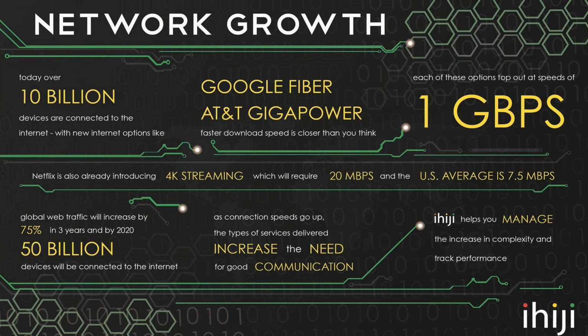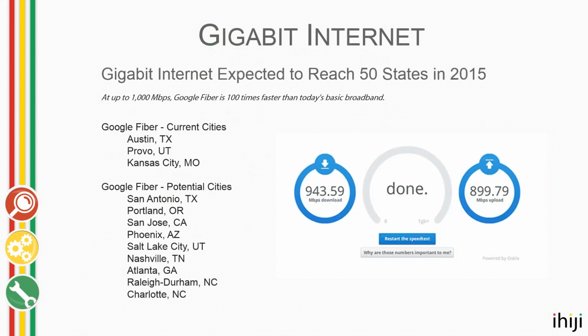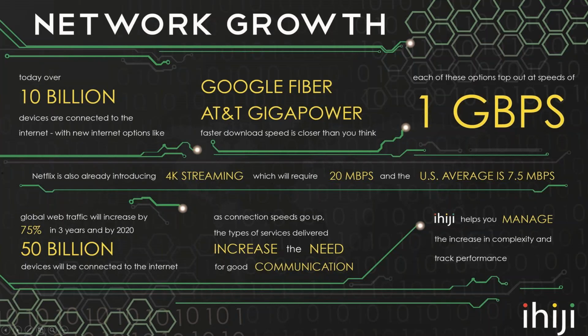The other thing you're seeing is the growth of gigabit internet, which is 1,000 megabit per second speeds, which is, do the math here, 100 times faster than the average US broadband household connection today. So when we get to gigabit speeds, that's going to enable new services. That's where things become really interesting, because what that does is enable things like 4K streaming services to the home. A 4K stream requires 20 megabits per second per stream, and that's compressed.